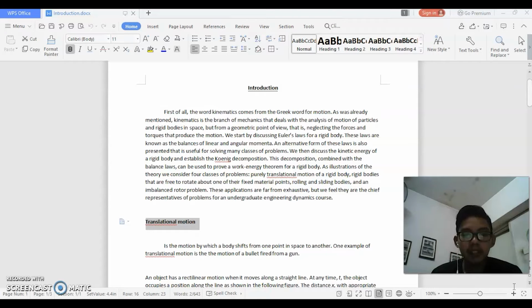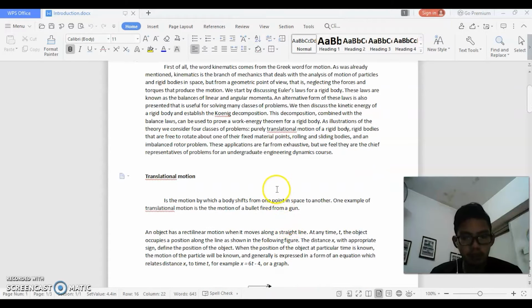We start by discussing Newton's laws for a rigid body. These laws are known as the balance of linear and angular momentum. An alternative form of these laws is also presented that is useful for solving many classes of problems.